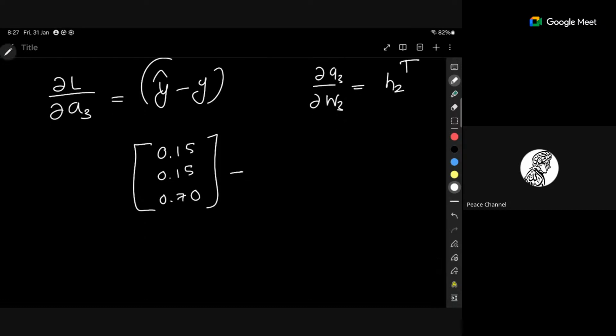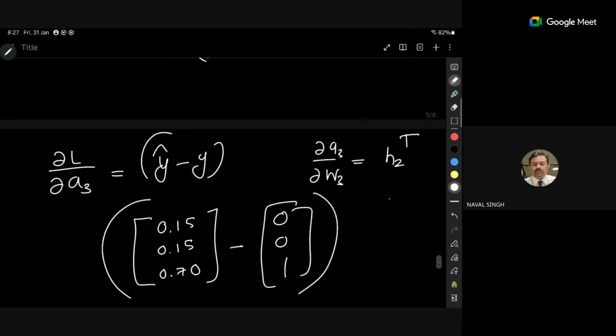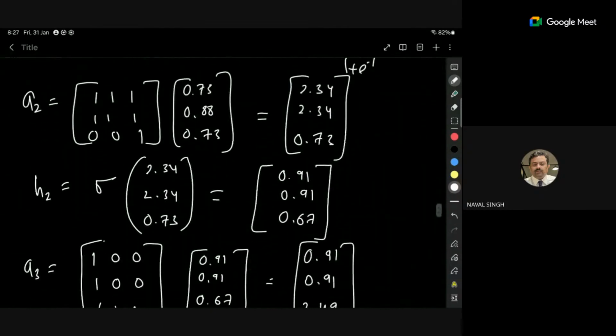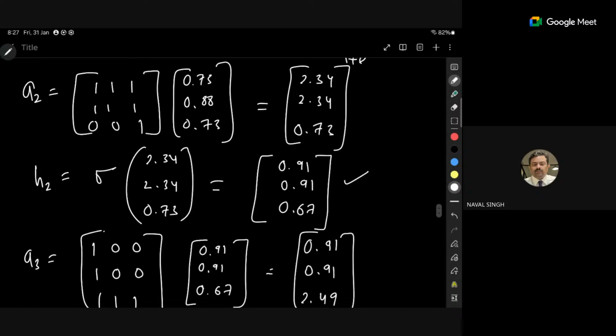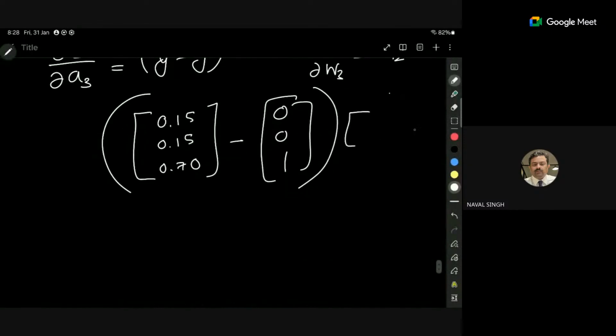Right? So now we have y also, which is like this. These two, subtraction I'll do. I'll get some matrix. Then I have to multiply with H2 transpose. So what is my H2? I have to go back and check H2, which is this, 0.91, 0.61. So this is H2. I have to take the transpose of that: 0.91, 0.91, 0.67.